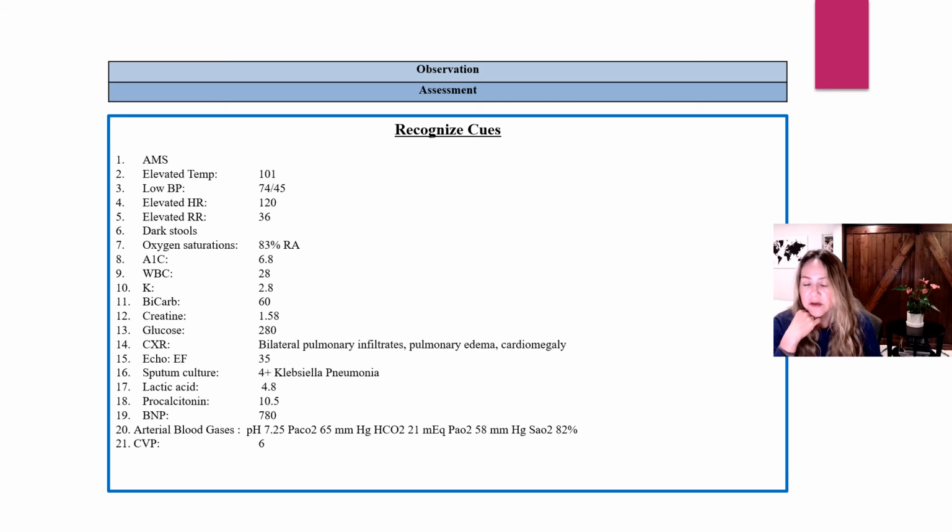If a patient comes to the hospital with altered mental status, that is a cue. It's telling us the patient has altered mental status. That is not right. That is abnormal. So we have to recognize all the abnormals, because that is what is going to talk to us about what is happening to this patient.